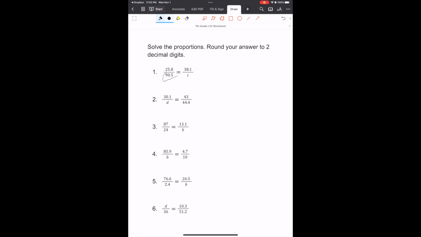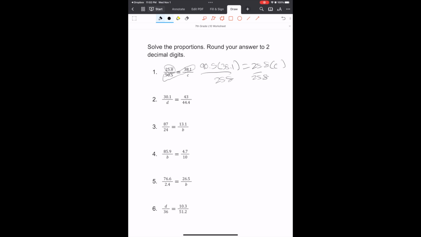It's where you multiply these values over here and divide by this value. Because what you're basically saying is that 90.5 times 38.1 is equal to 25.8 times C, and then divide by 25.8 on both sides.